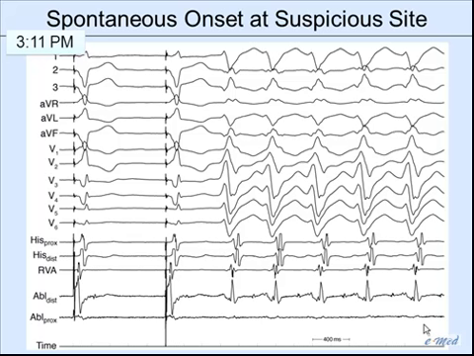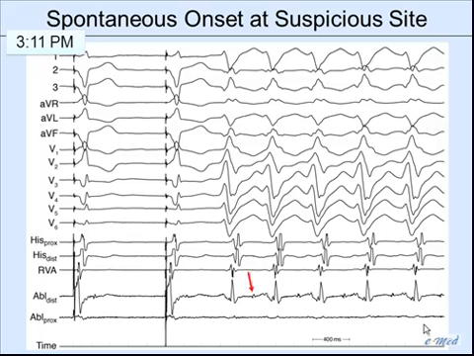Here's just an example from not too terribly long ago. We had been mapping around and found a site that we thought was pretty interesting during sinus rhythm with this delayed potential. This fellow has a biventricular pacemaker. So at 3:11 p.m., so relatively early start of the day for many of you I know, from what I've heard, he goes into VT. It wasn't hard.